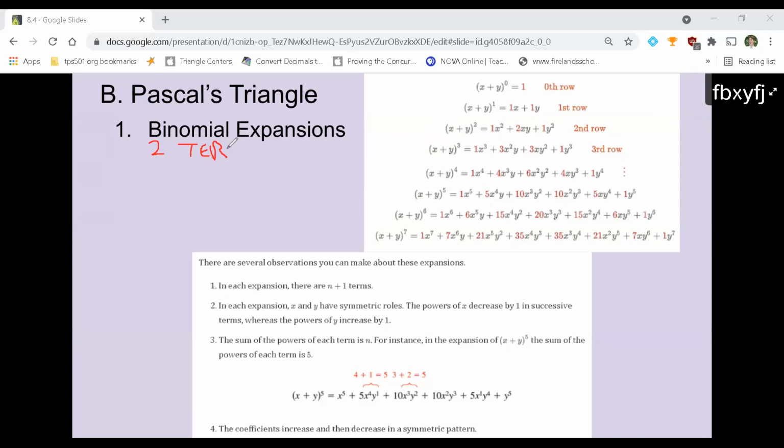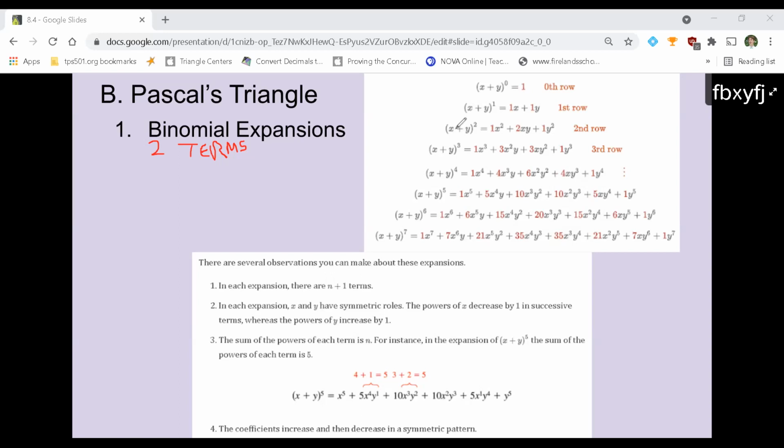If you want to raise those two terms to a power, what you will get is these answers listed for the first 7. x plus y to the 0, well, anything to the 0 power is just 1. x plus y to the first, you just distribute that power: it's just x to the first, y to the first.